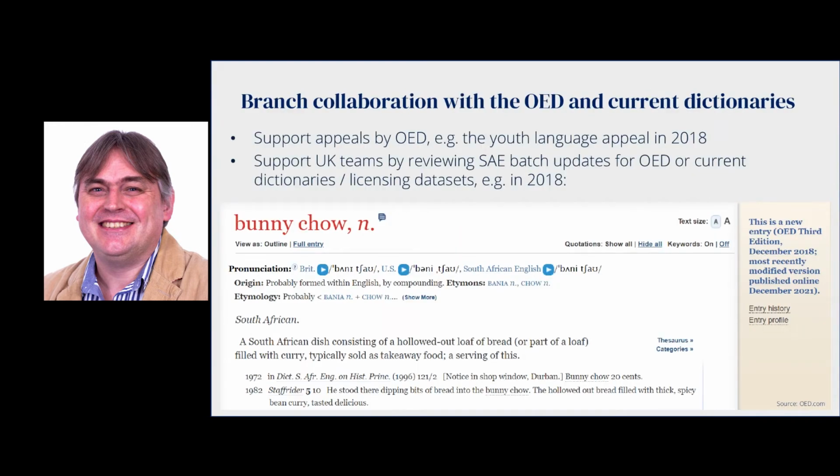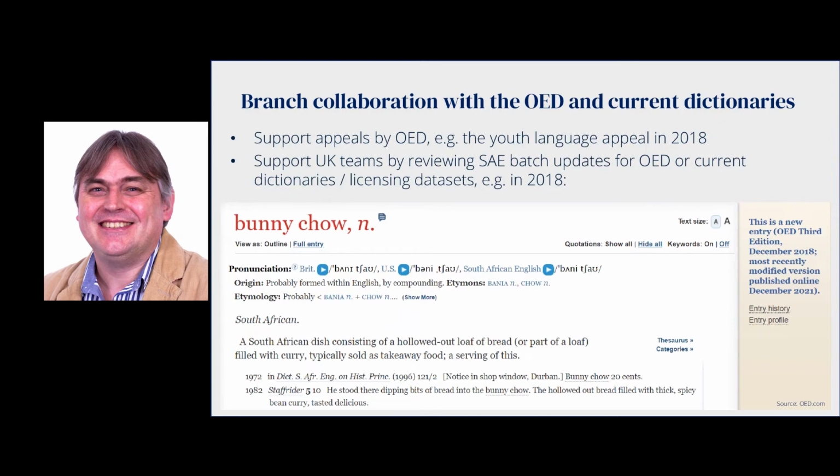Then, moving on from the localized dictionaries, from the latter part of the 2010s, I think it became abundantly clear to us that the market for localized print dictionaries for adults would not be as strong, or not continue to be as strong, as the market is for school dictionaries.